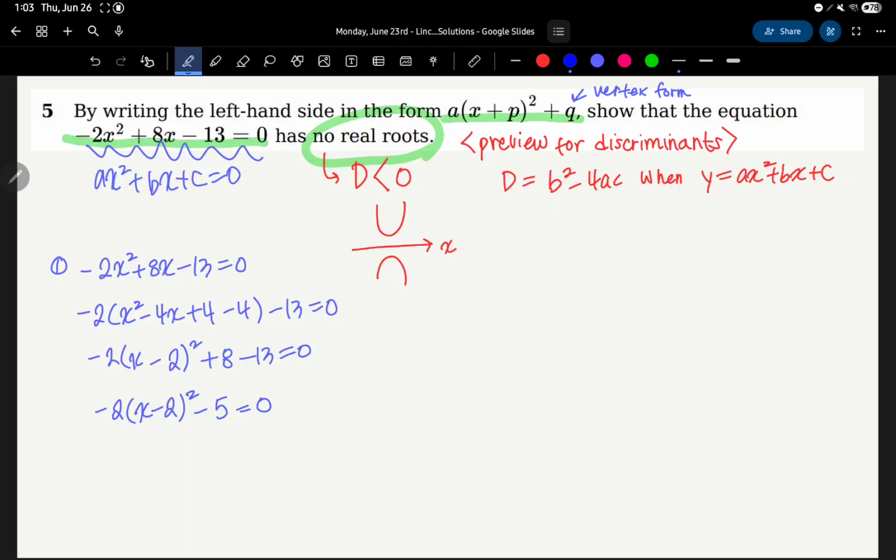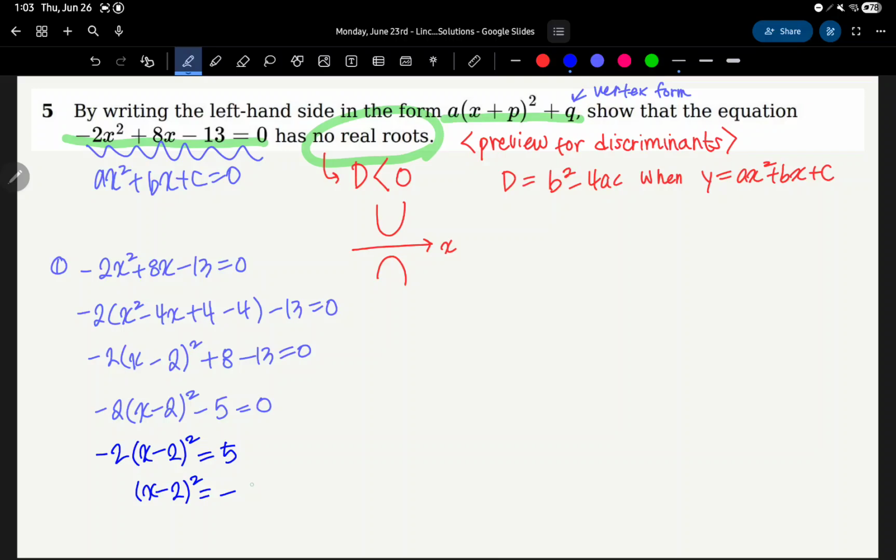Let's look at it. So from here, how do I get the answers? I would organize it in the form of x minus 2 squared times minus 2 is going to be equal to 5. And I'm going to organize all of the numbers to the right-hand side, leaving only the x on the left-hand side, right?